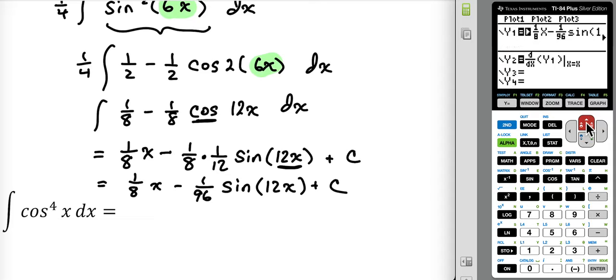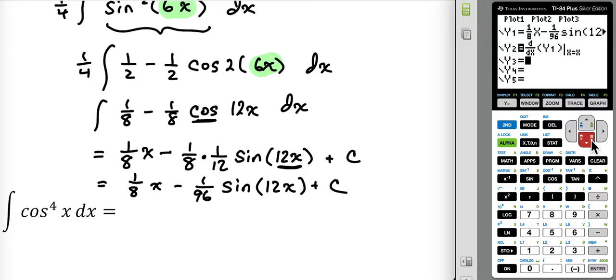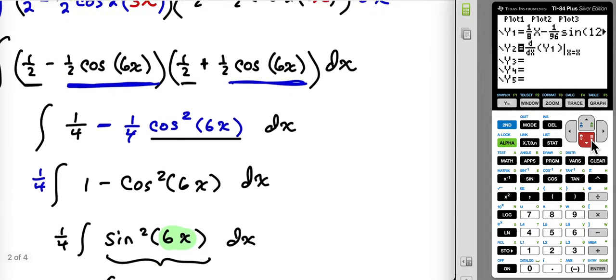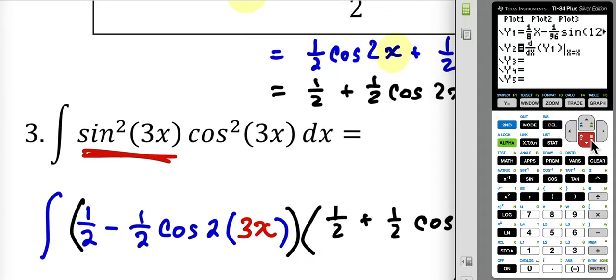Then what I would do is turn off my first equation because I don't want to see that, and make sure everything else is the way it should be. We don't bother with the plus c because it could be any constant. Then I have the calculator take the derivative of this. In theory, that should be the same thing as sine squared 3x cosine squared 3x. So I'm going to type in sine of 3x.